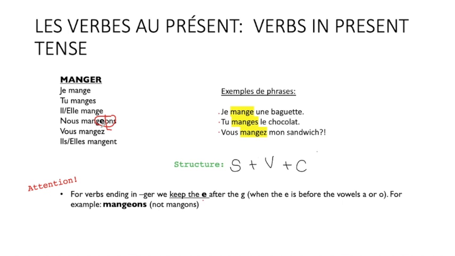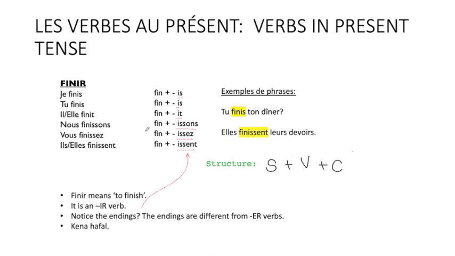Next verb is finir. So when you commencer, you have to finir. Okay, finir is an IR verb. IR verb, so it's a bit different. It's really different. So this one you have to hafal the conjugation. As you can see here, you have the root word fin, F-I-N, fin, but the ending changes.